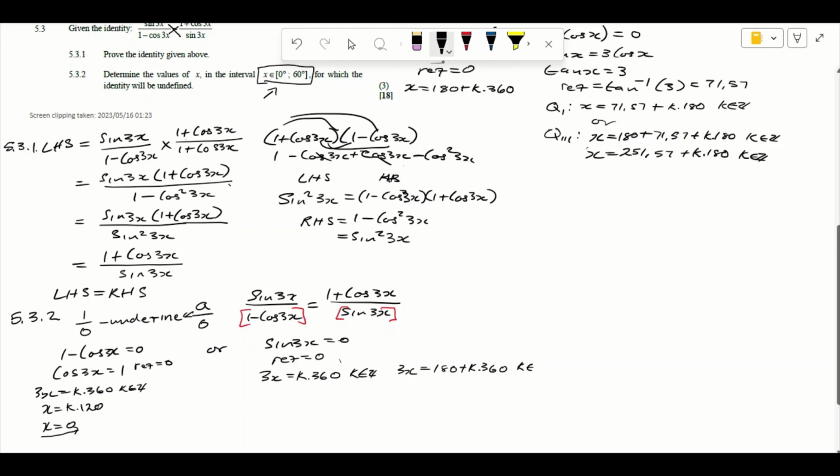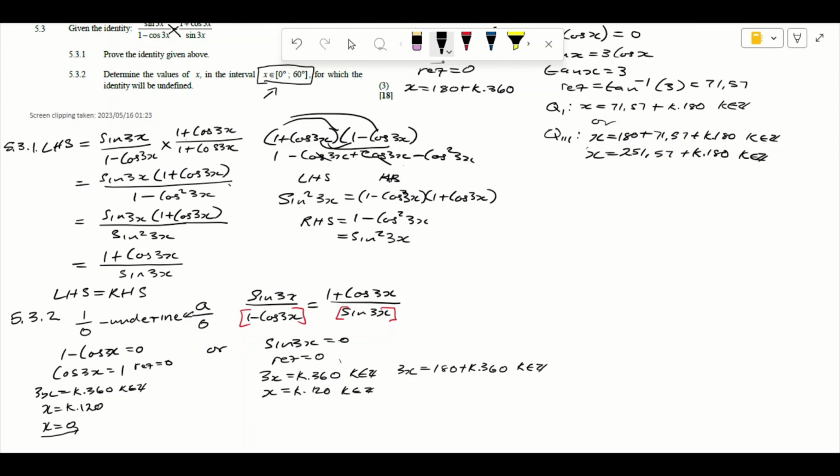Fine. So over here, x is equal to k times 120, k is an element of integers. So still, if you substitute 0, it will be x is equal to 0. If you substitute 1, it's x is 120, so we don't want a value greater than 60. And even if we use negative integers, then x is going to be less than 0.